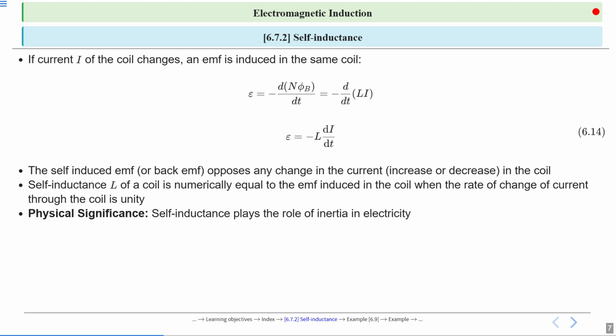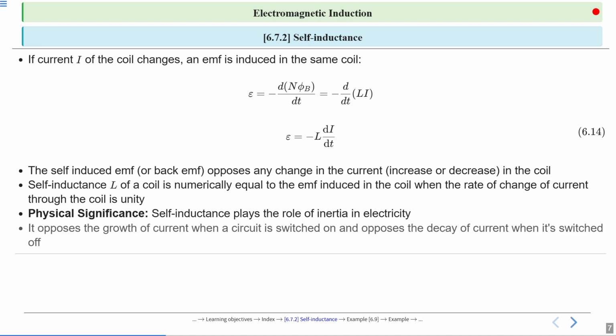And in electricity, it is self-inductance, the inertia of electricity. It opposes the growth of current when the circuit is switched on and opposes the decay of current when it is switched off. Got it? When we tap the key, it opposes the growth of current. When we release the key, it opposes the decrease of current.